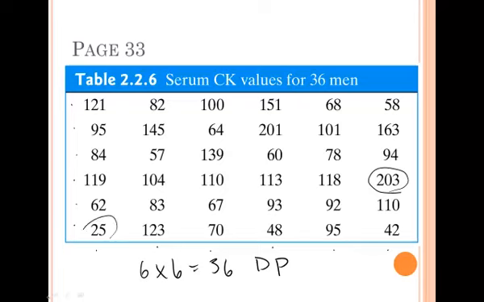Is it 25? So then we would take the maximum value and subtract the smallest value. And that would give you a range, right? And that's, was that 178? We can double check that with the calculator. So that's our range of values.